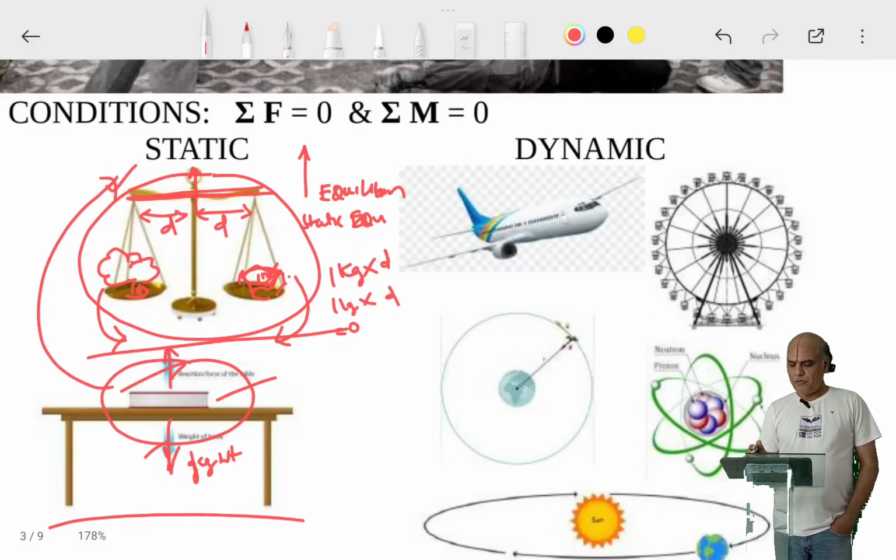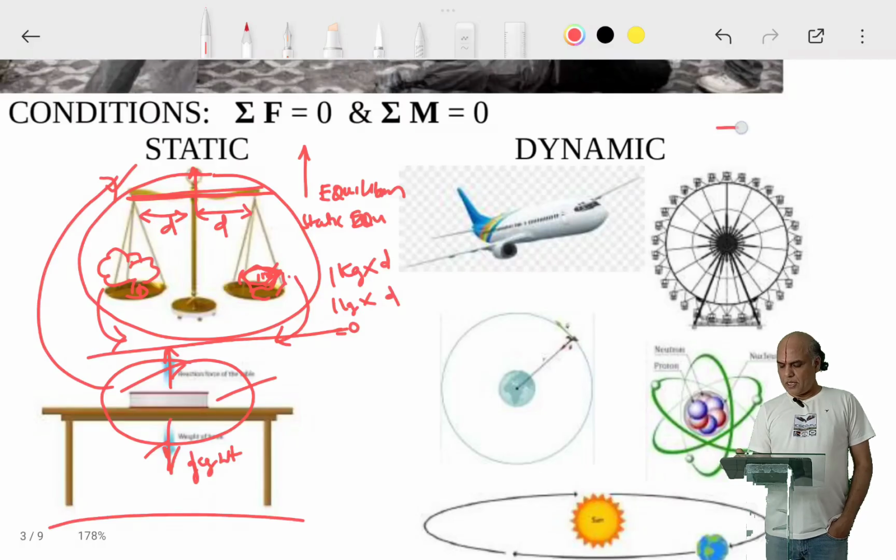Now if you see an aeroplane, ignoring landing and takeoff, it will travel horizontally along the surface of the earth. So it is moving in linear motion, maybe at constant velocity. While the aeroplane continues to move, there are so many forces acting on it: the weight of passengers, the drag force, the lift force.